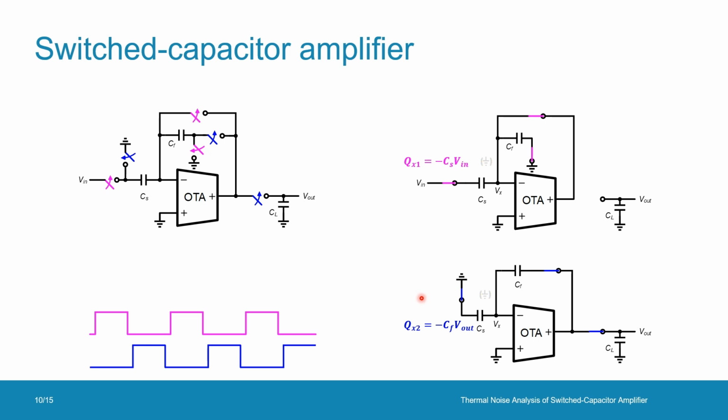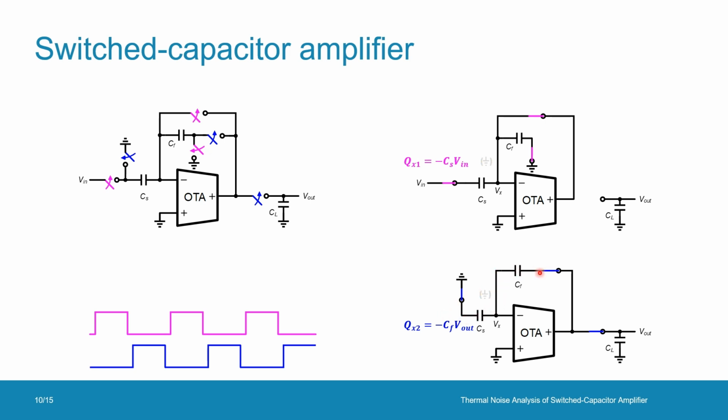Just imagine that when we short the input to ground, we discharge the left terminal of capacitor CS from CS Vin to 0. And this discharge current cannot go to the OTA gate input, but rather the feedback capacitor CF.